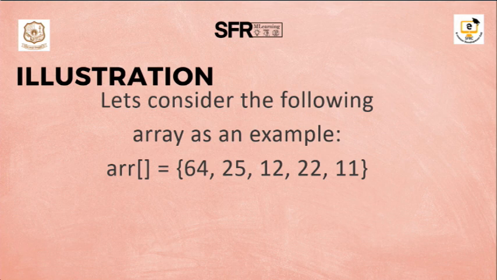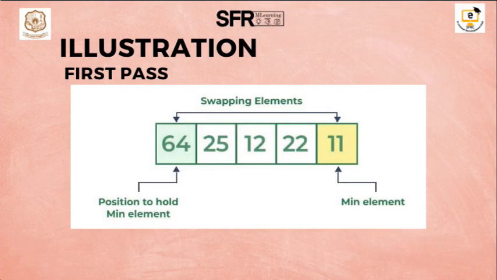Okay, let us see it with an illustration. In this, we have an array of 5 elements. The 5 elements are 64, 25, 12, 22 and 11. During the first pass, we are going to select the first position in the sorted array. The whole array is traversed from index 0 to 4 sequentially.